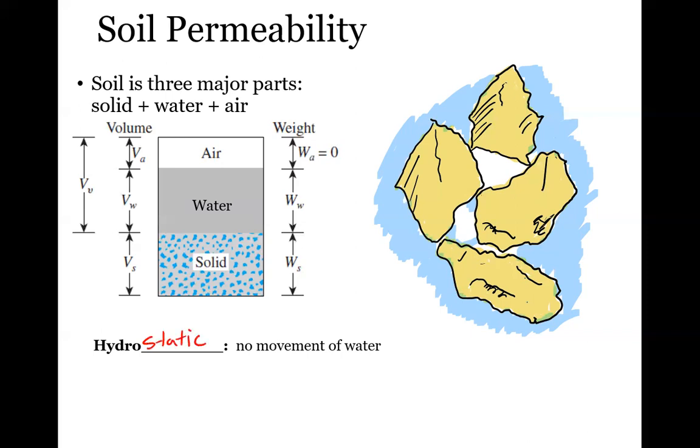Static is just a fancy way engineers say stuff isn't moving. So hydrostatic means there is no movement of water. All the things are chilling, they're fine. The energy is all equal. This is normally how we would calculate a best case scenario for our subsurface conditions. Most of the time this happens when we are in an unsaturated case.